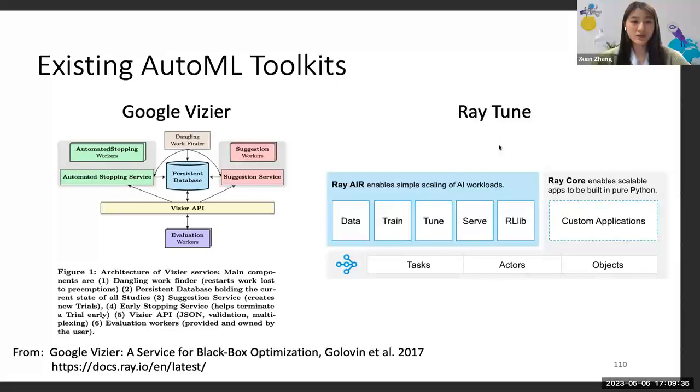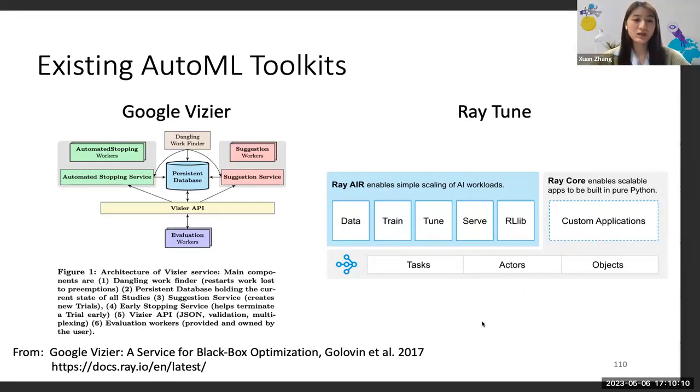Okay. Google Vizier and Ray Tune are two examples of existing AutoML toolkits. Google Vizier is a managed service that applies black box optimization for Google's own internal hyperparameter tuning. It's built to handle large-scale experiments and is very flexible in dealing with multi-objective optimization. And Ray Tune is a scalable and user-friendly library for hyperparameter tuning.